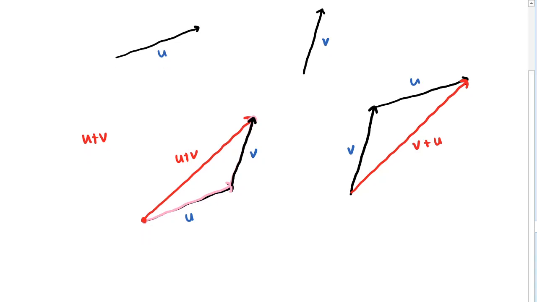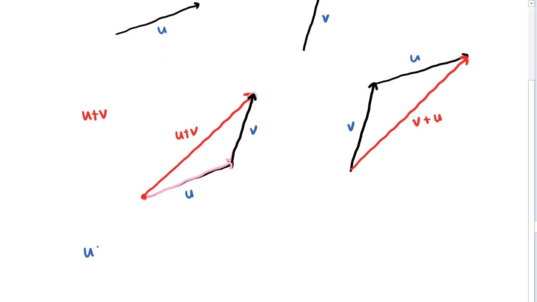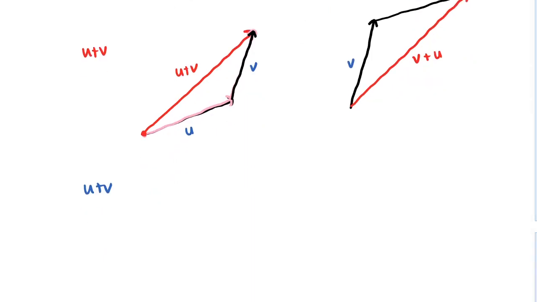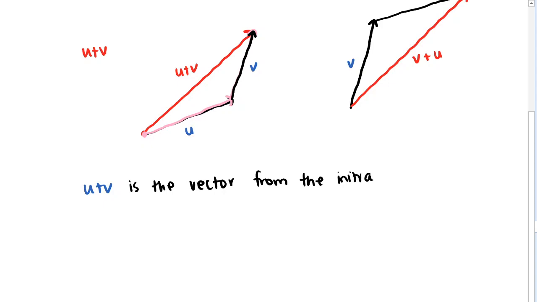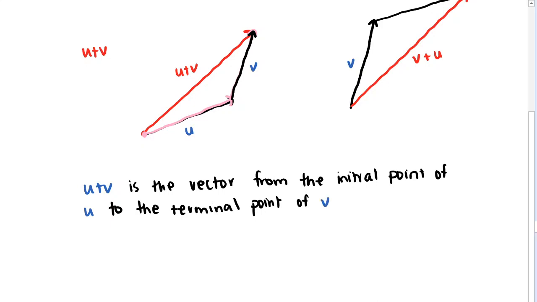Here, u plus v is the vector from the initial point of u to the terminal point of v after we've stacked one vector on top of another.